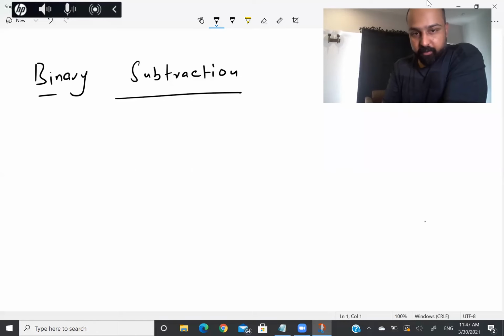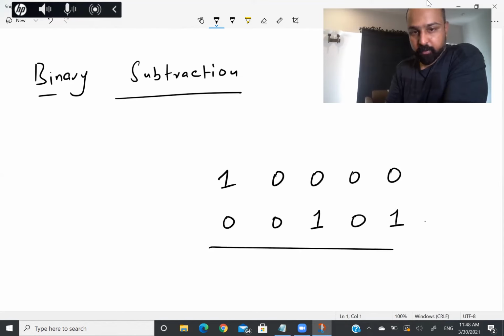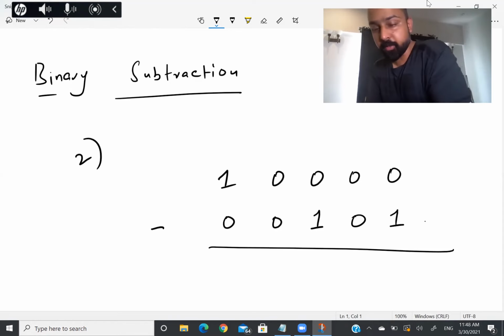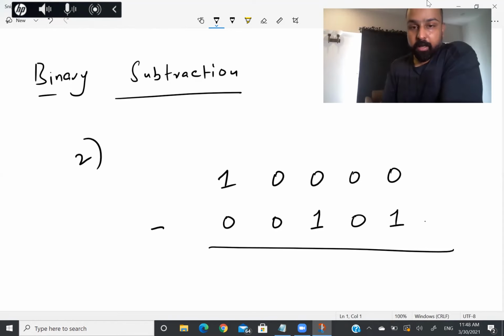Okay, let's take another example. This time we have to be careful. Okay, let's take this example. This is the second example of binary subtraction that we are going to apply. And in here, we have the borrow pretty far.